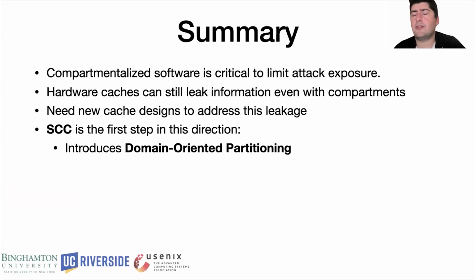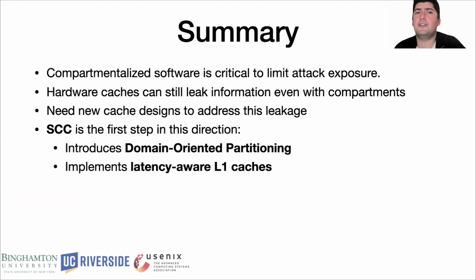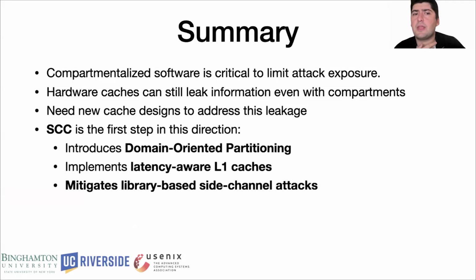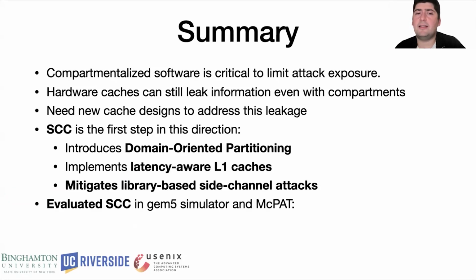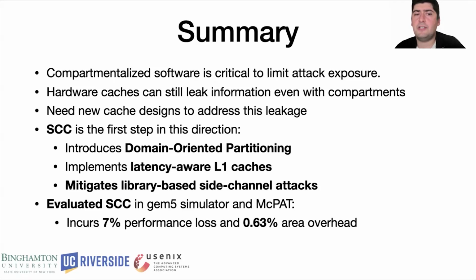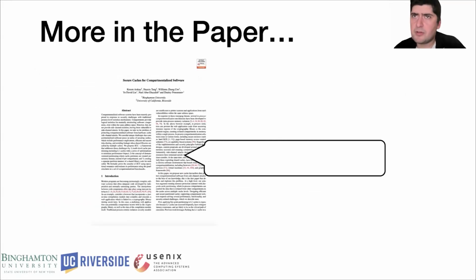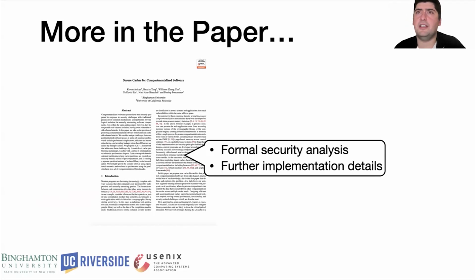We implement domain-oriented partitioning, introduce latency-aware L1 caches, mitigate library-based side channel attacks, and we also implement SCC in the Gem5 simulator and evaluate it with McPAT, which yields 7% performance loss on average across our benchmarks and 0.63% hardware area overhead. The paper also provides a formal security analysis and further implementation details. With this, I conclude my talk, and thank you for listening to me.